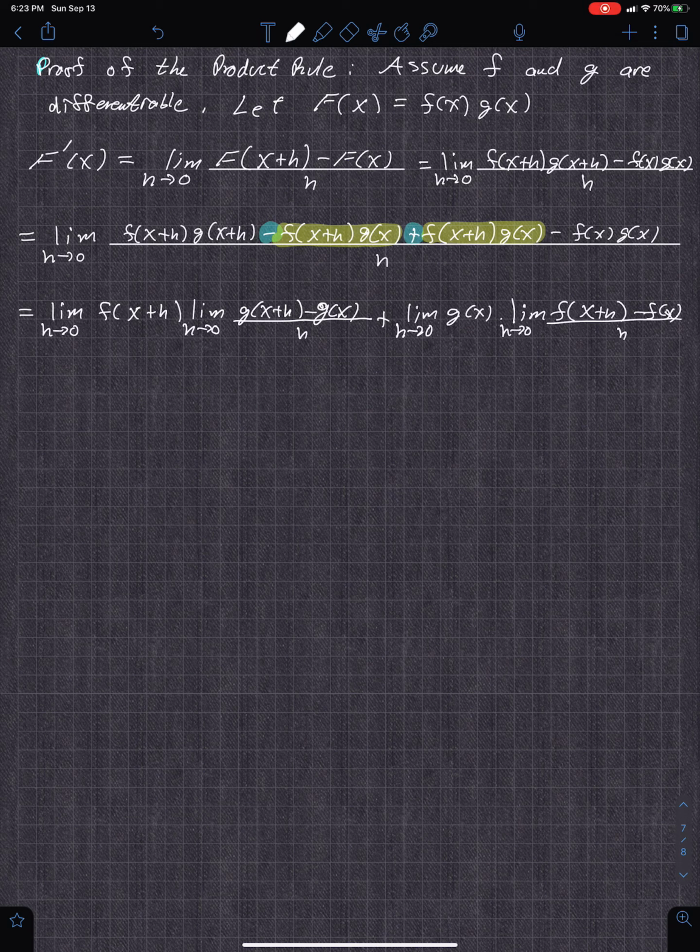Okay, so how did I do that? Well, I came up here and broke that up. I rearranged it, factoring out your g(x) here, and you're left with f(x+h) minus f(x). Then back here, factor out the f(x+h) in front, and I'm left with g(x+h) minus g(x), which is this.